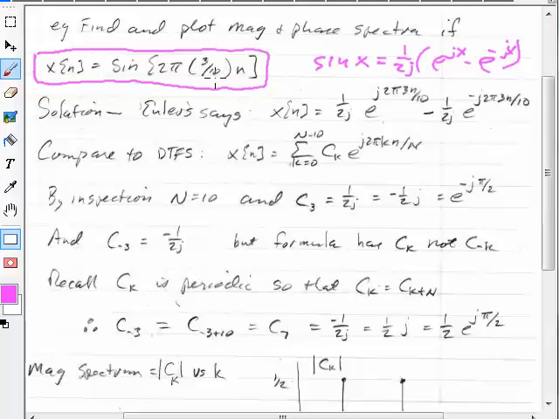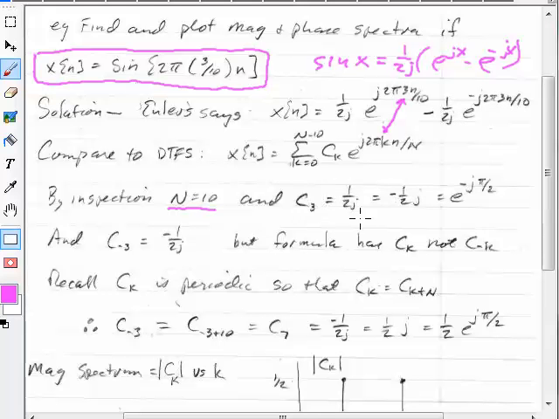We did a whole bunch of homework problems. The period of this is 10. Furthermore, if you look at the 3 and compare it to the k, you see that k is equal to 3 for this term, and k is equal to minus 3 for this term.